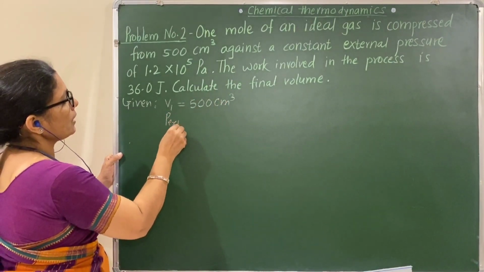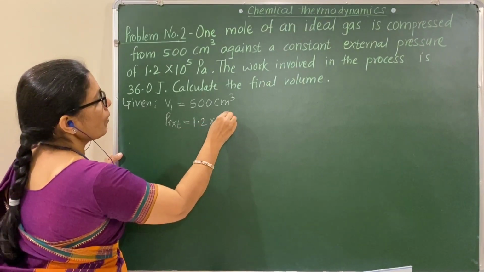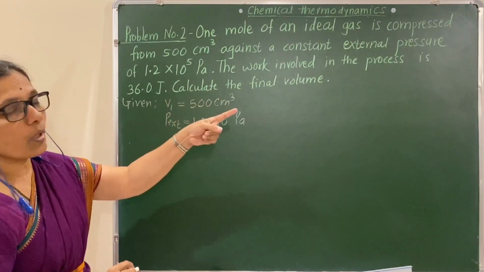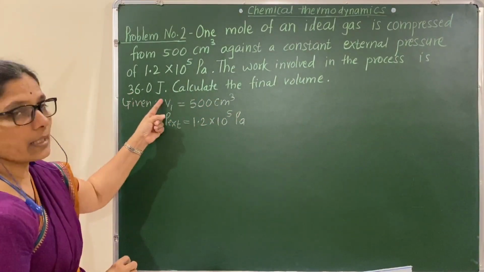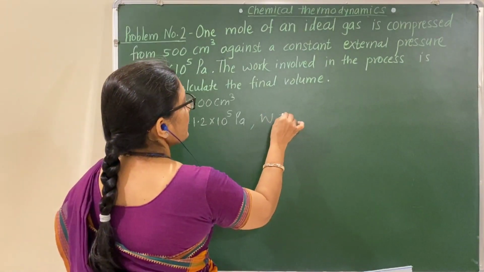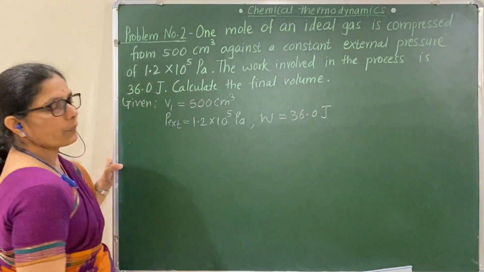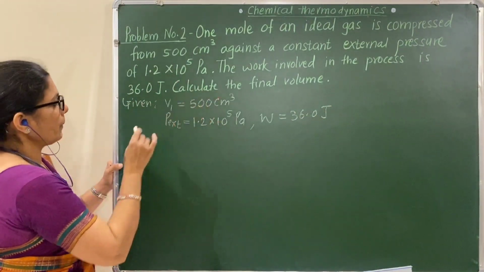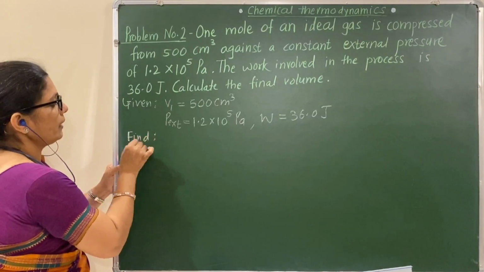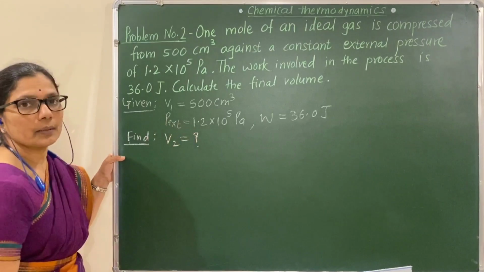External pressure is given as 1.2 into 10 raised to 5 Pascal. The work involved in this process is 36 Joule, W is equal to 36 Joule. Now calculate the final volume, that is, find final volume is equal to question mark.